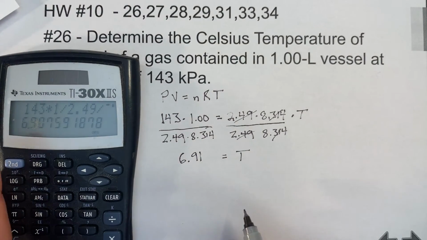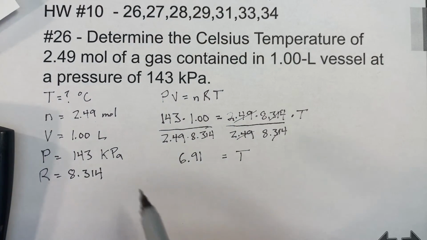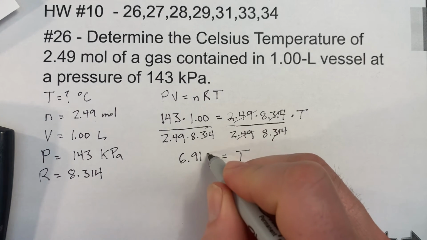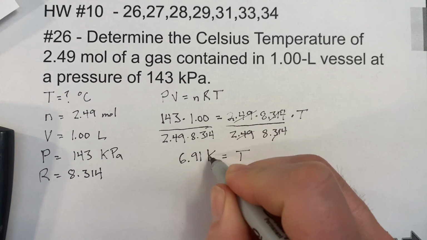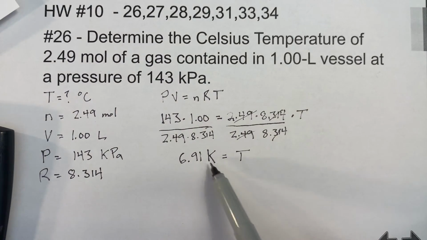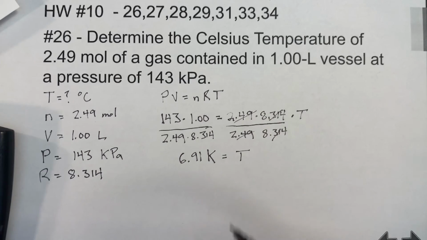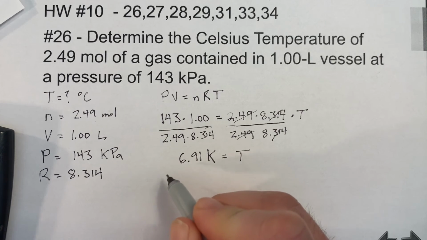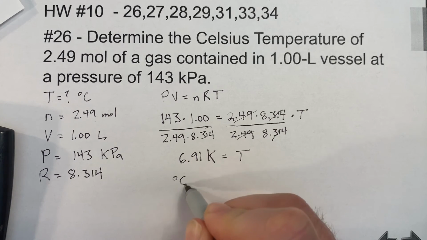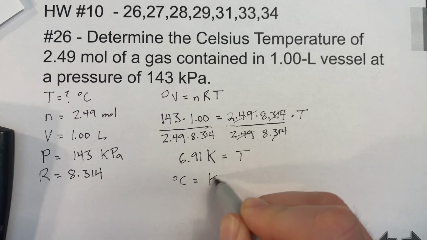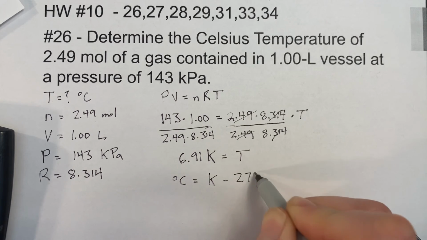Now remember, we're not quite done yet. Whenever you plug temperature into an equation, it's got to be in Kelvin. So this temperature here is actually in Kelvin, but the question is asking for the temperature in Celsius. By now, you've probably memorized that if you want Celsius, you take your Kelvin temperature and subtract 273.